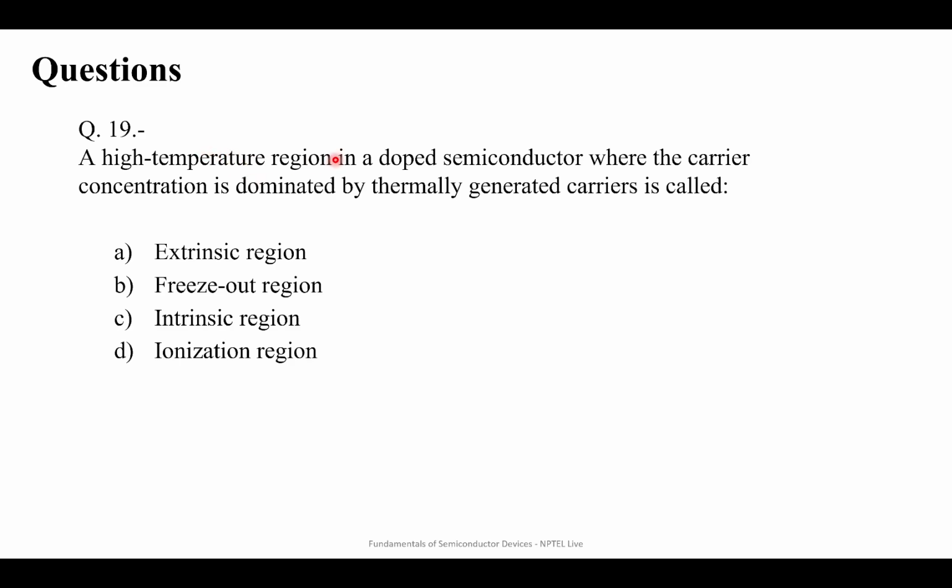A high temperature region in a doped semiconductor where the carrier concentration is dominated by thermally generated carriers is called extrinsic region, freeze out region, intrinsic region, or ionization region.